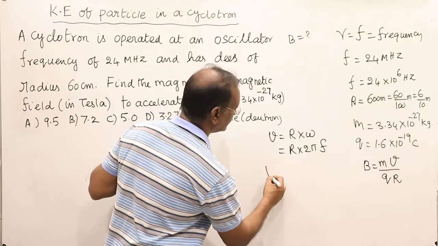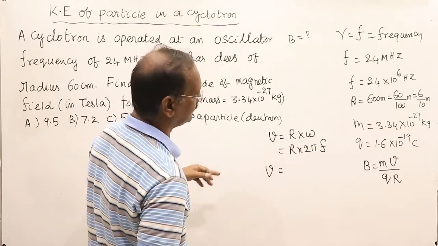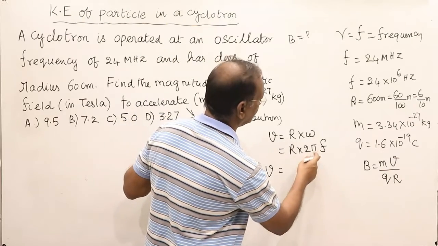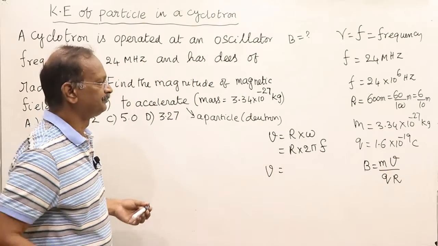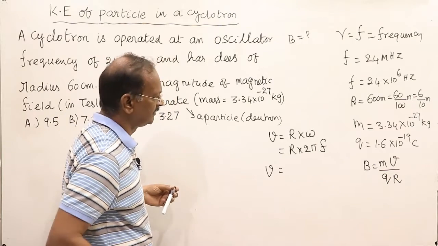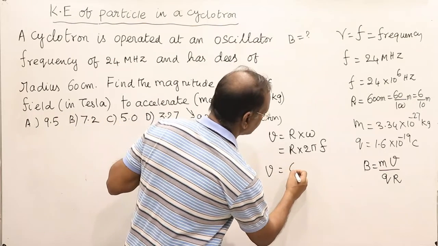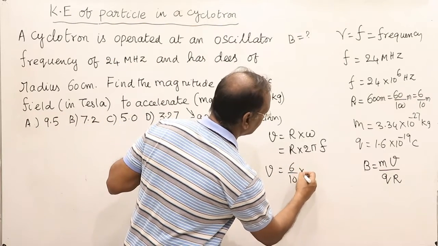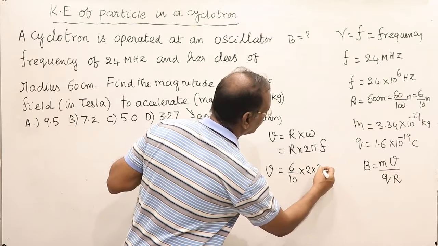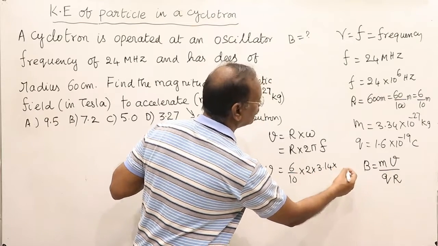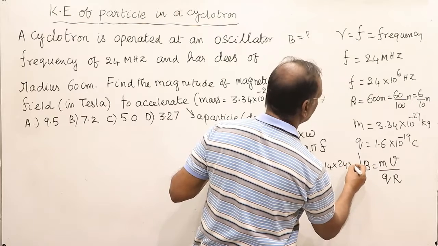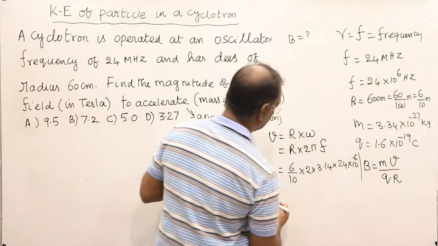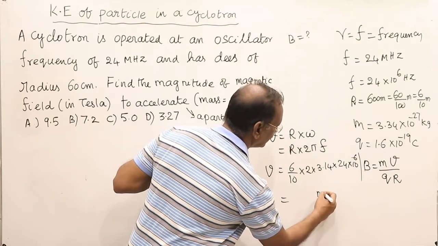Therefore velocity is equal to r into 2 pi into f. This is the expression for velocity. So r is equal to 6 by 10 into 2 into 3.14 into frequency. Frequency is equal to 24 into 10 to the power 6. The velocity will come in meter per second.